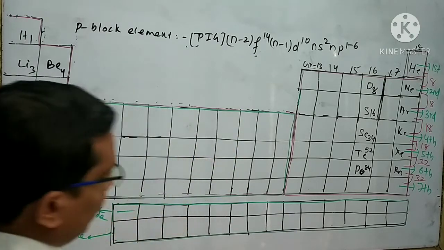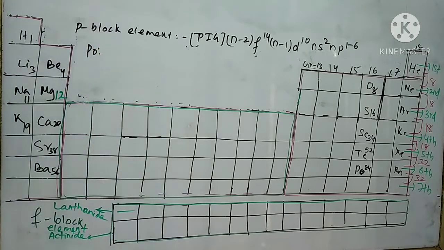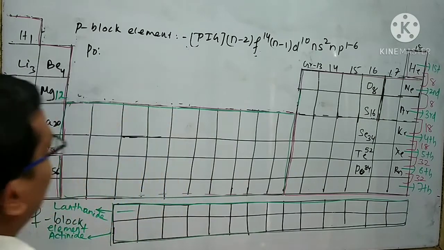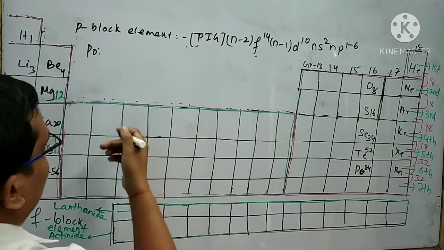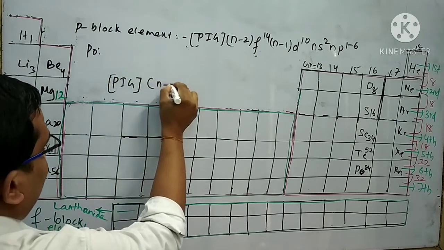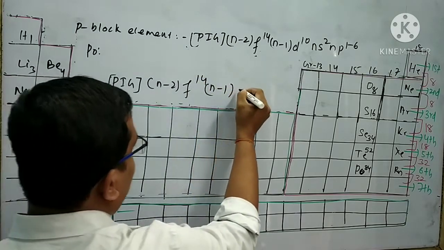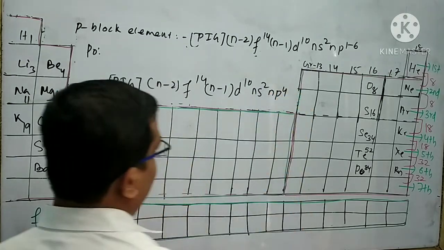Suppose I want to find out the electronic configuration of polonium. Polonium belongs to group 16. For group 16, the general electronic configuration is previous inert gas (n-2)f14 (n-1)d10 ns2 np4.